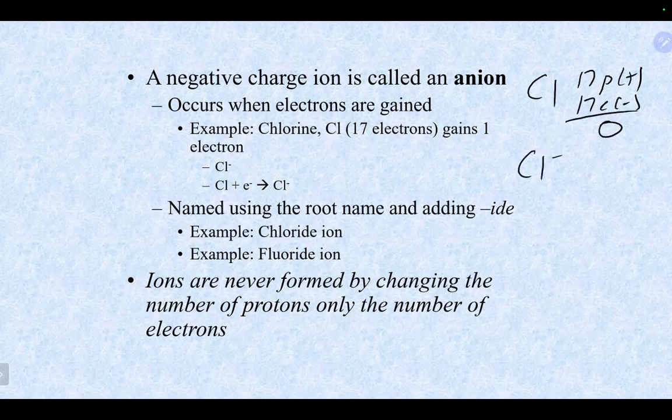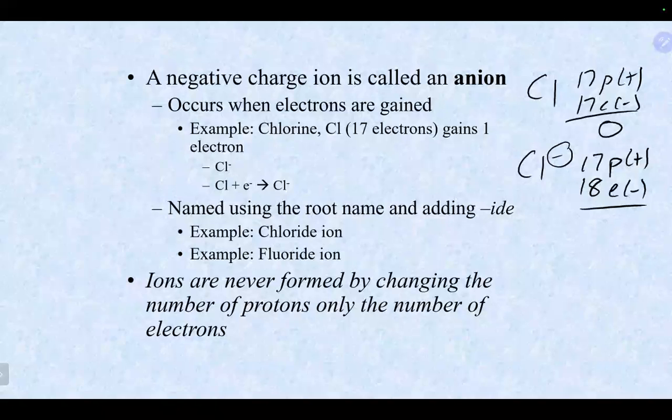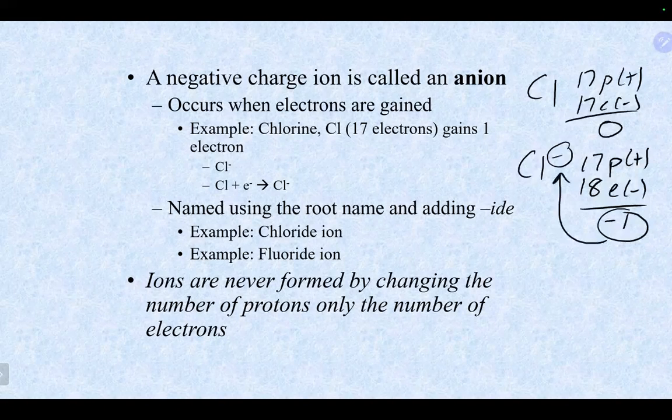Chlorine will make a -1 charge. It still has to have 17 protons because it's chlorine. -1 means negative it gained, and 1 means it gained 1 electron. So we add 1 electron there to our atomic number, and that gives us 18 electrons, giving us a -1 charge basically left over.